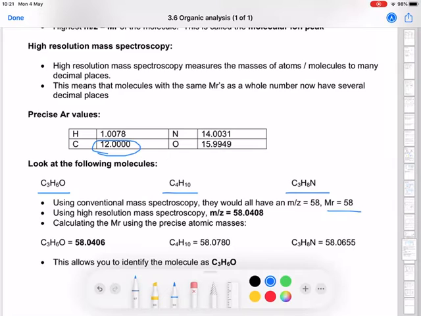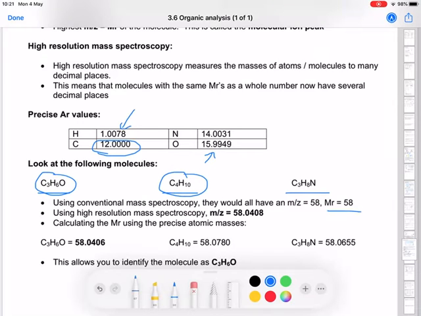But of course, if you look at what they are made up from, this one here is made up of 3 carbons, 6 hydrogens, so there's your hydrogens there, the actual mass to 4 decimal places, and 1 oxygen, which is that one there. Butane, C4H10, the 58 in this is made up of a different combination of only 4 carbons and 10 hydrogens.